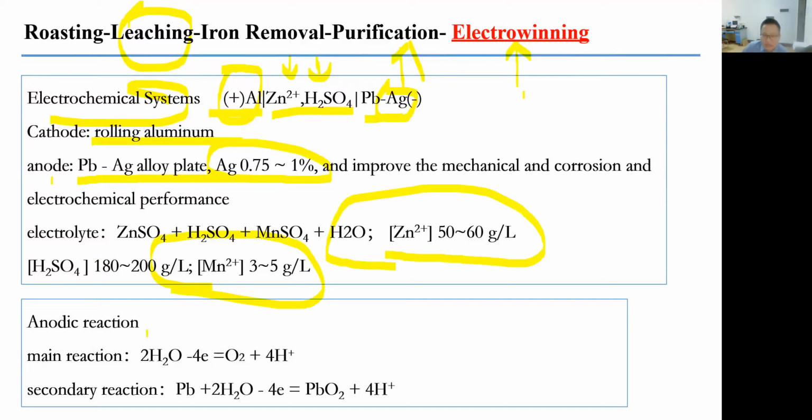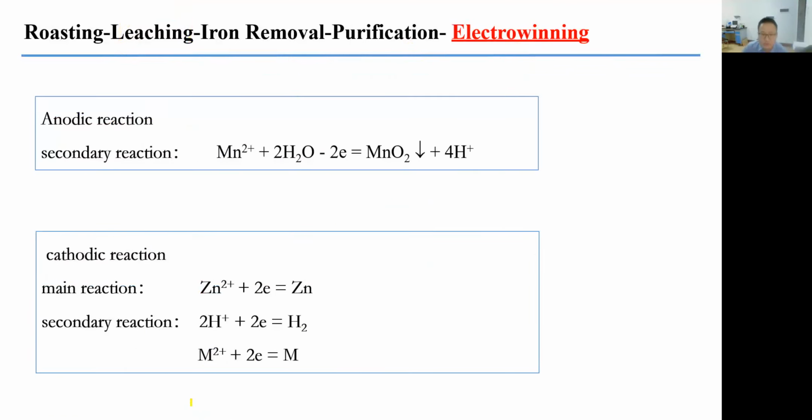In the anodic reactions, the main reaction is the formation of oxygen, but because of the anode material, the oxidation of lead also happens. Besides that, the manganese oxide in the solution can also be oxidized, and there is formation of anode slime.